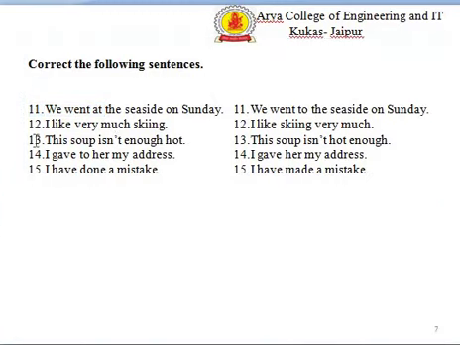Students, see, the grammar shouldn't spoil the sense and you have to deal accordingly. This soup isn't enough hot. This soup isn't hot enough. I give to her my address. I gave her my address. I have done a mistake. I have made a mistake. So we see done is inappropriate. And you make mistakes. You don't do mistakes.